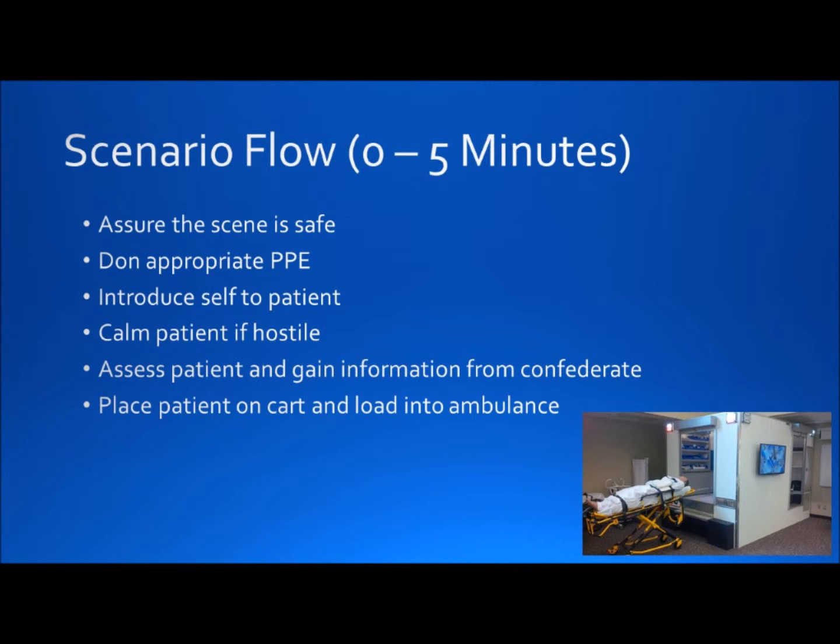In general, the participants will have several tasks to perform within the first 5 minutes to include assuring the scene is safe, using proper PPE, introducing themselves to the patient, assessing the patient, calming the situation based upon patient and confederate actions, and finally, to make a determination on whether or not to transport.